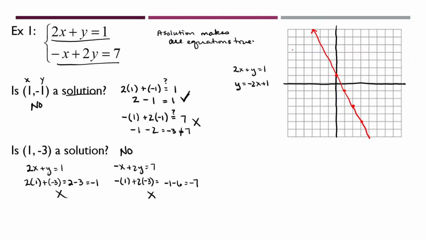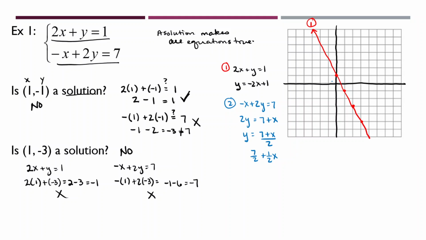And here's equation 1. Okay, then equation 2, I have negative x plus 2y equals 7. So 2y is 7 plus x. So that makes y equal to 7 plus x over 2, or 7 halves plus 1 half x.